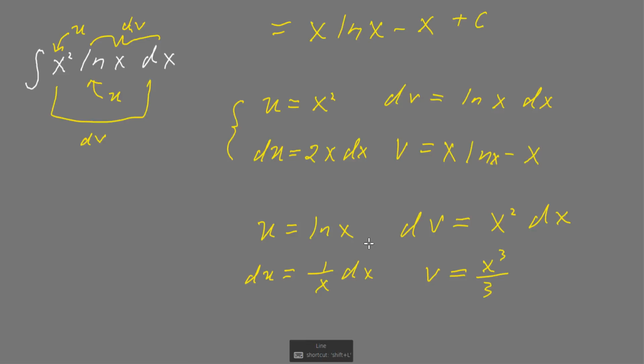So you need u times v minus the integral of v du.